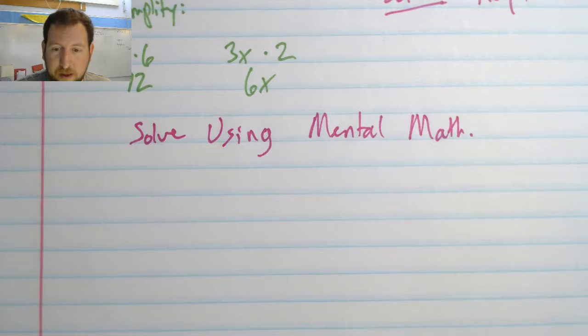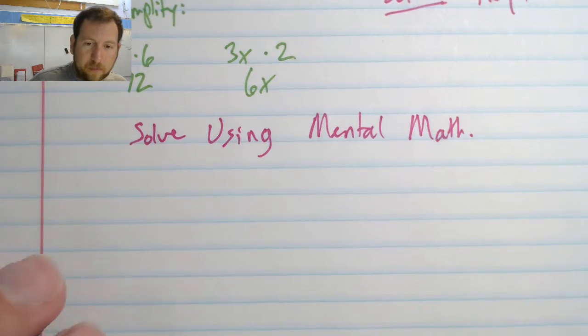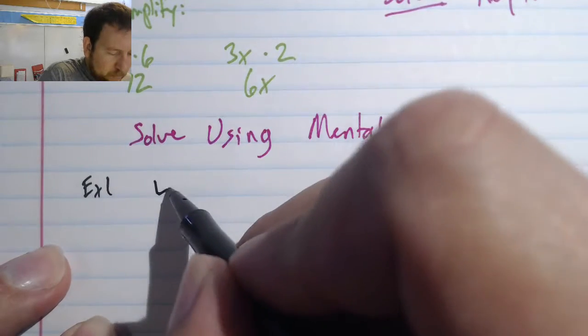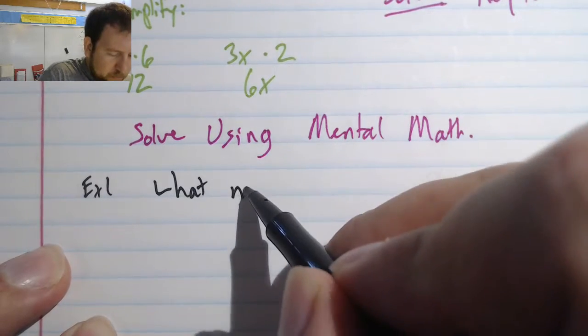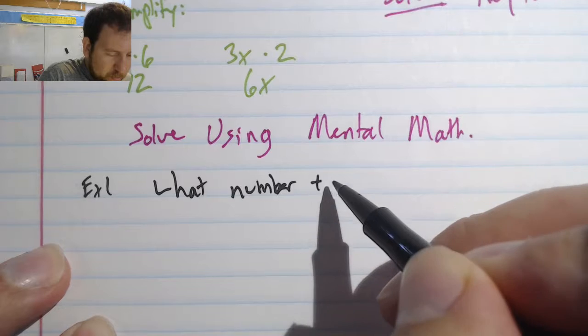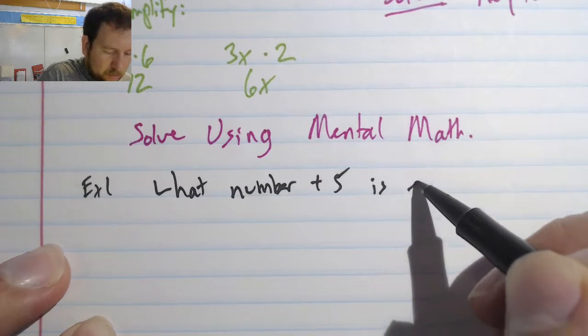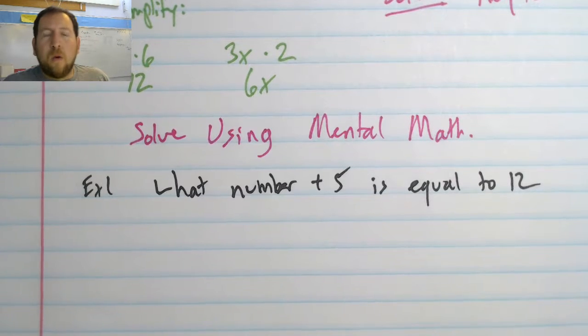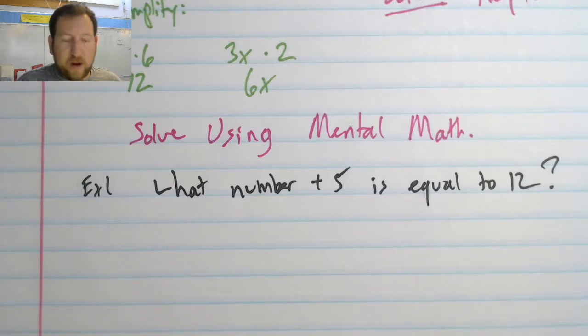Let's take a look at a quick example. What number plus 5 is equal to 12? Okay, what we need to do is write out our equation.